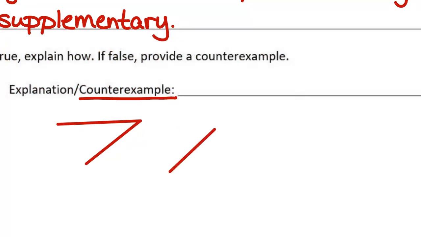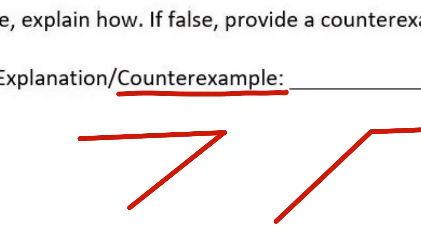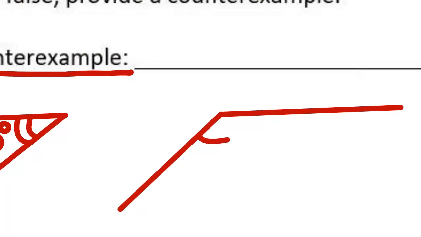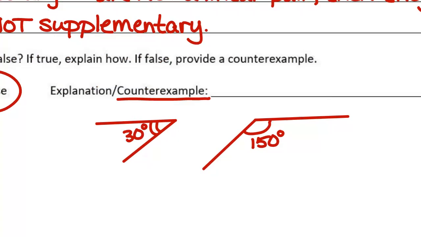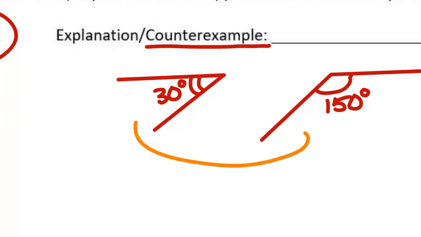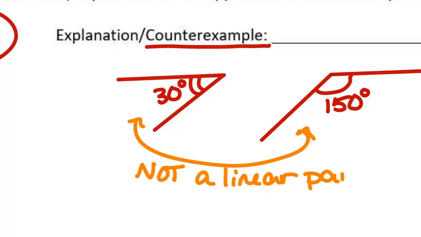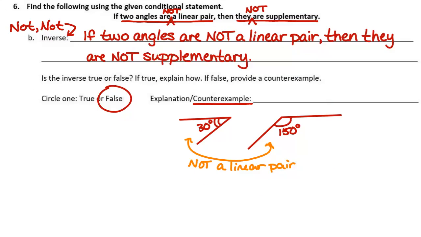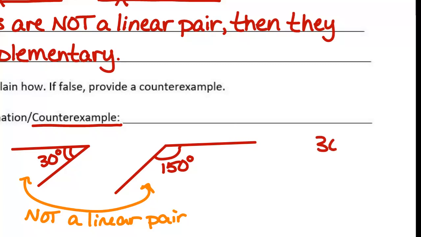So I can redraw the same basic counterexample here. So I could have a 30-degree angle and a 150-degree angle. These are not a linear pair, but they are supplementary because they do add up to 180 degrees.